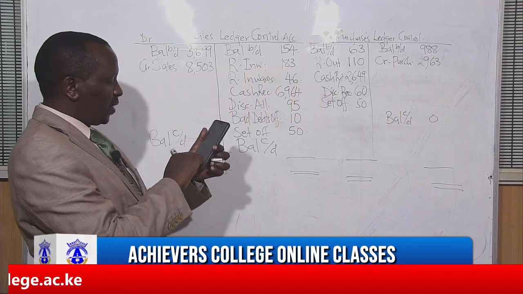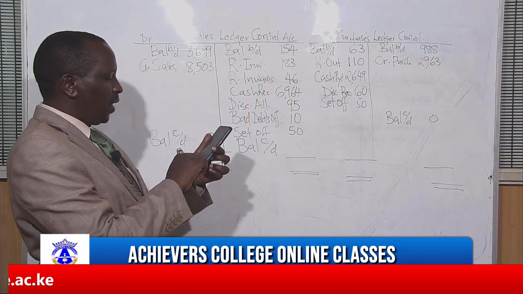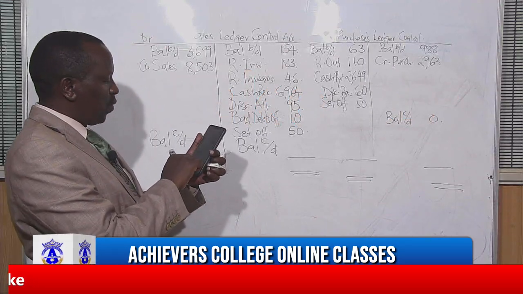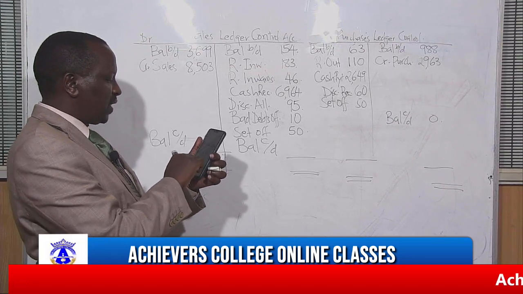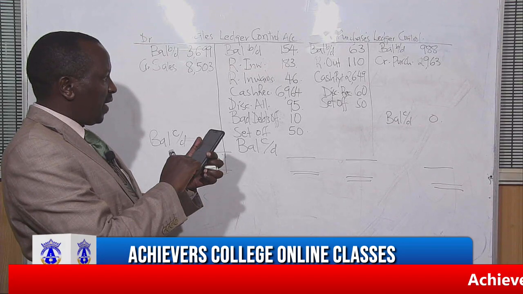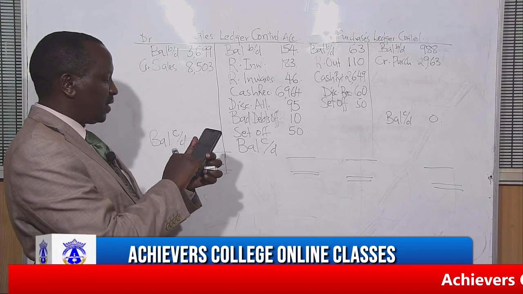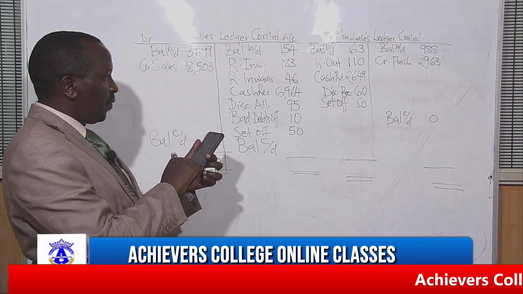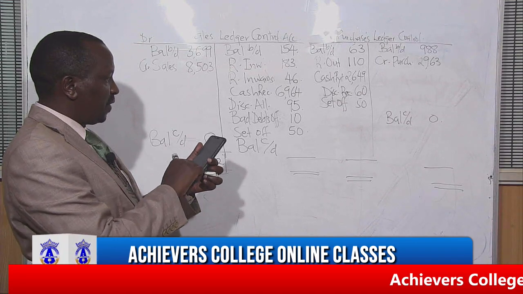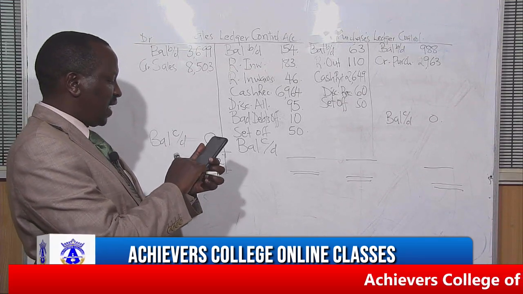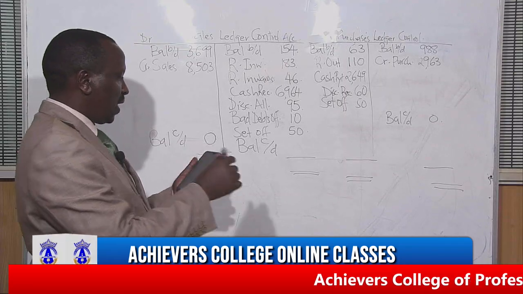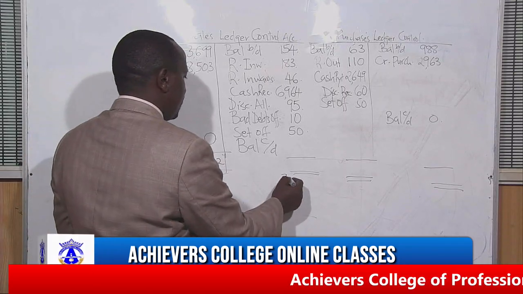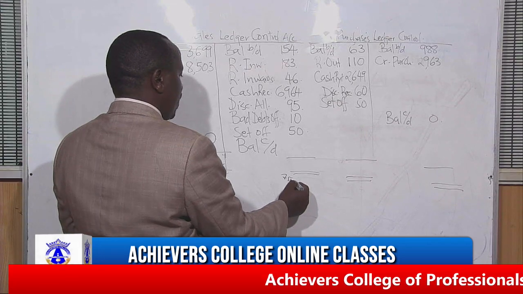Then the other side we have 154, 183, 46, 69, 64, 95, 10, and 50. So a total of 7502.